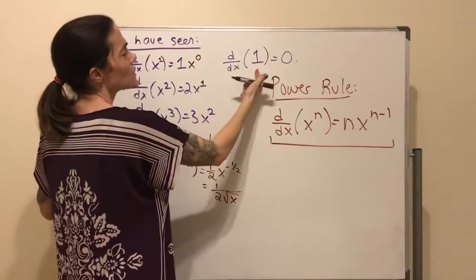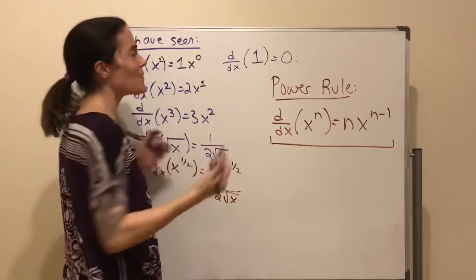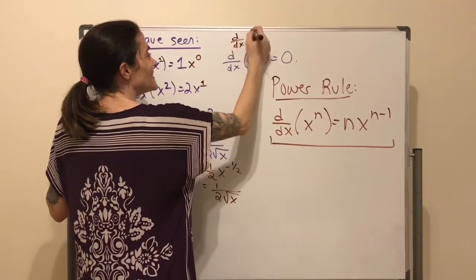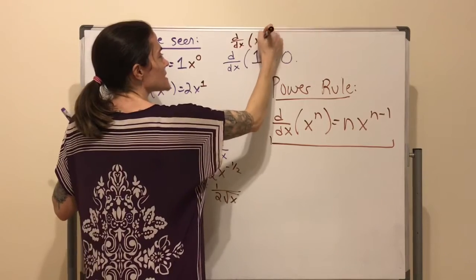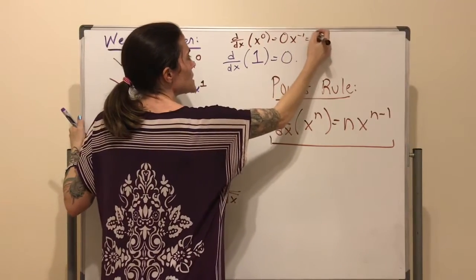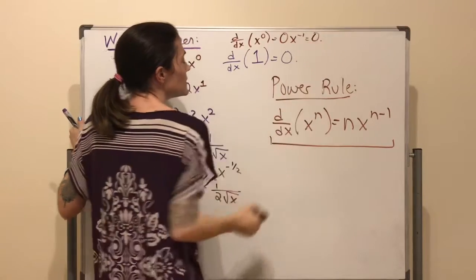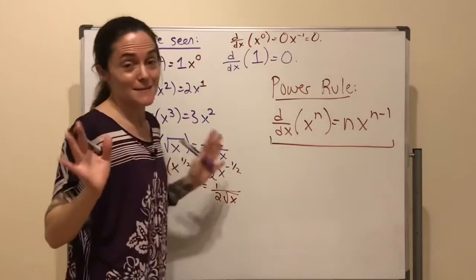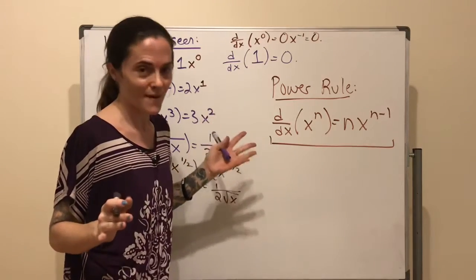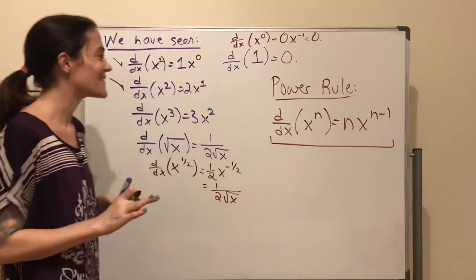But how could you interpret this using the power rule? Well, 1 you may write as x to the 0, and then bring down the 0, x to the, you see, technically 0 times anything is 0. You could also think about the derivative of a constant as coming from the power rule as well, okay?